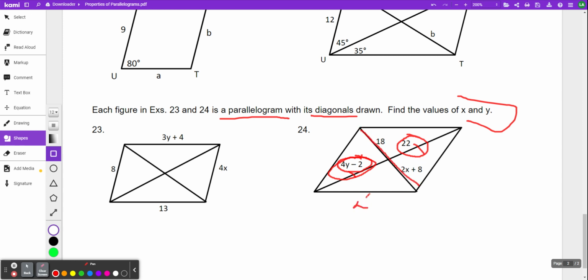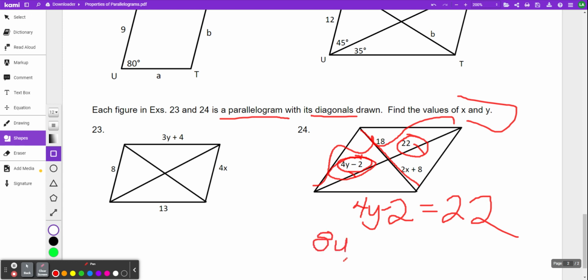So 4y minus 2 equals 22. Or if you like to think of it as the whole thing, there's two ways to describe the whole thing. 8y minus 4 equals, well, this side doubled would be 44. But these, you can divide both sides by 2. These are the same equation. Pretty cool. Solve either one. Solve both.